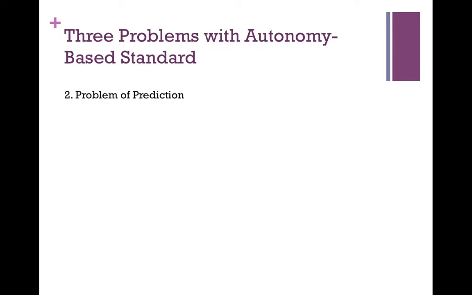There's a second problem that arises, though, which is equally important, which is the problem of prediction. As it turns out, people are often really bad at forecasting what they might be able to live with and what they might be able to endure. I want you to just ask yourself a question.